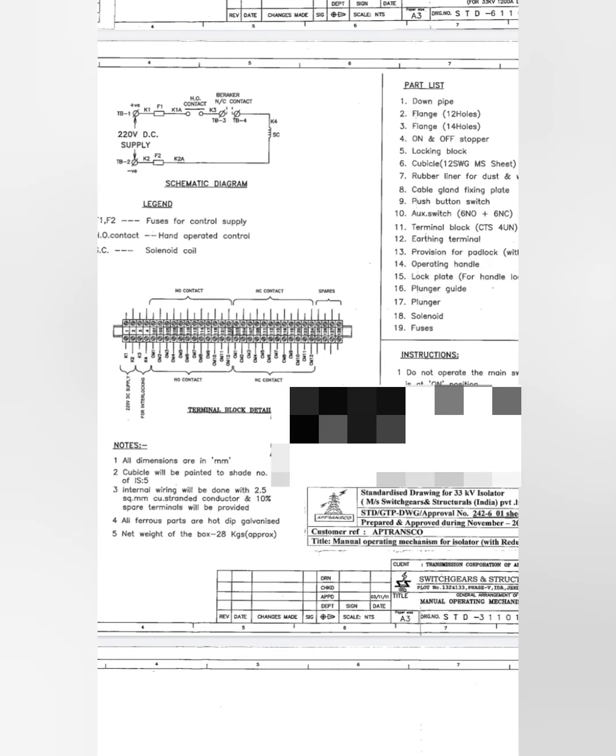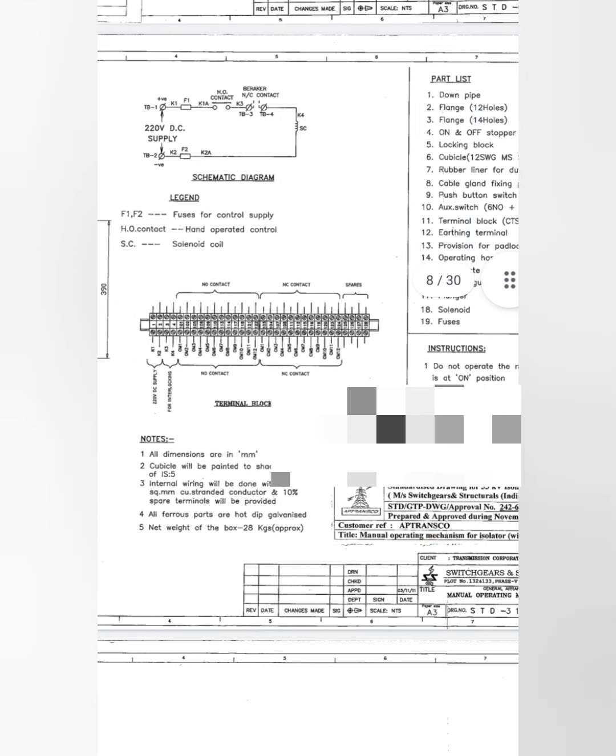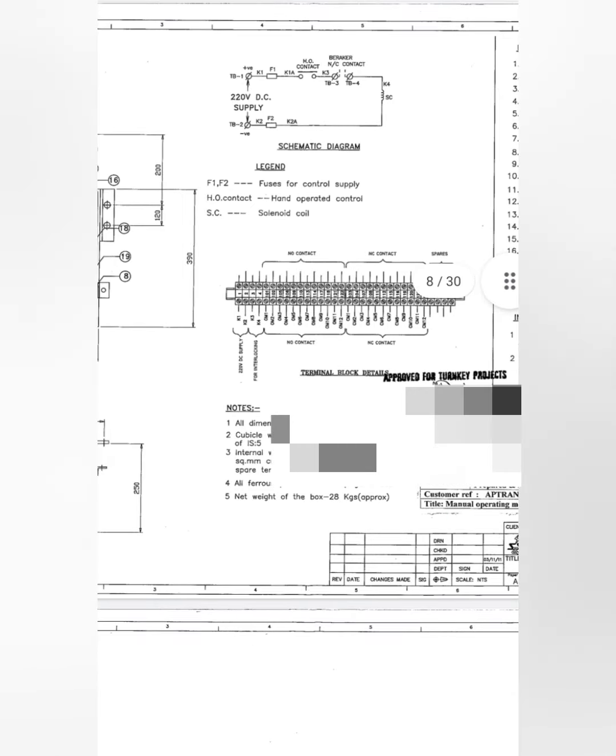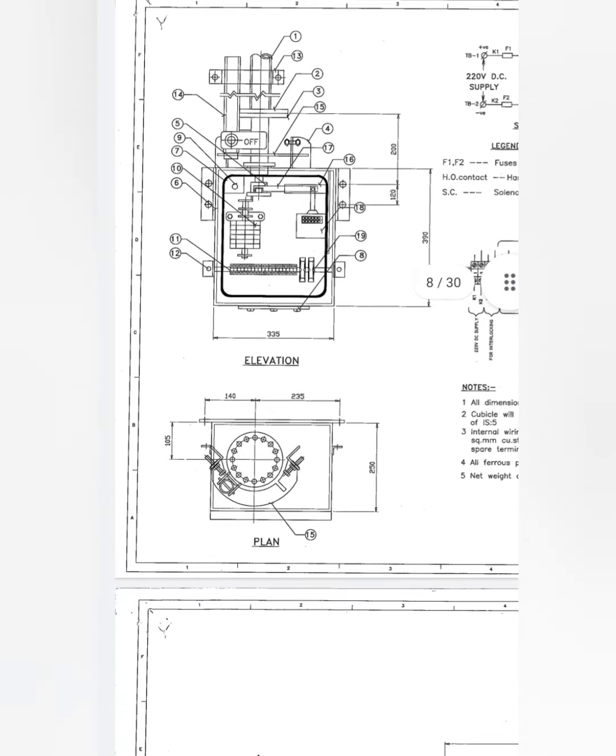The DC supply is given and the fuses F1 and F2 are taken in series. Then the NO contact is from your breaker. When the breaker is open, the contacts automatically get closed, and then further you can open or close the isolator accordingly, and the solenoid coil gets energized.